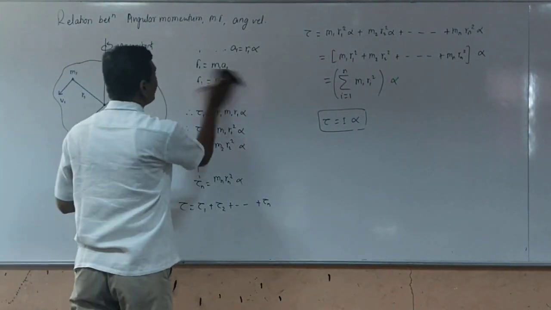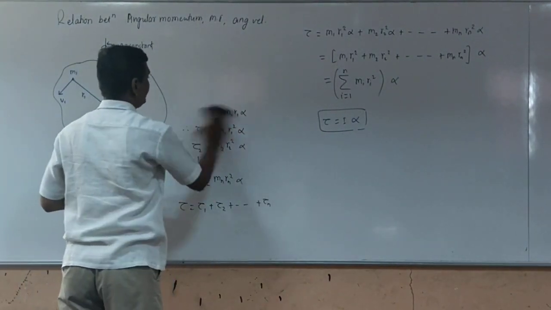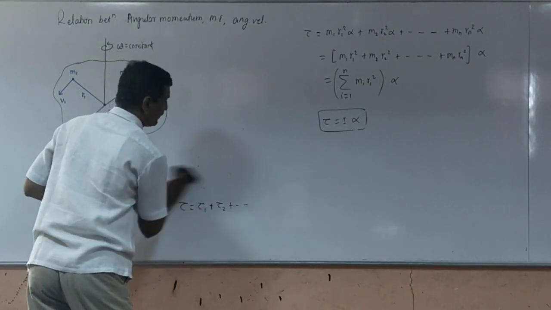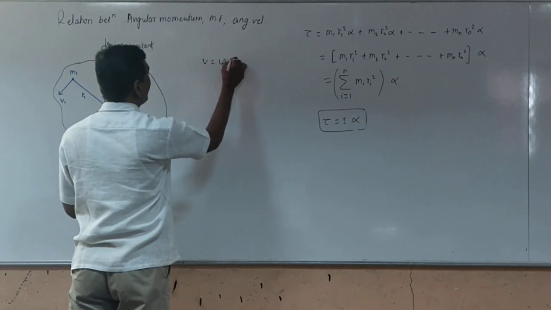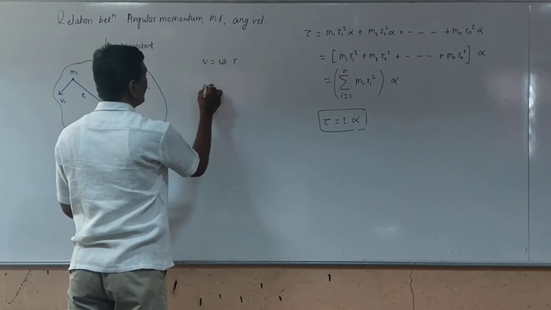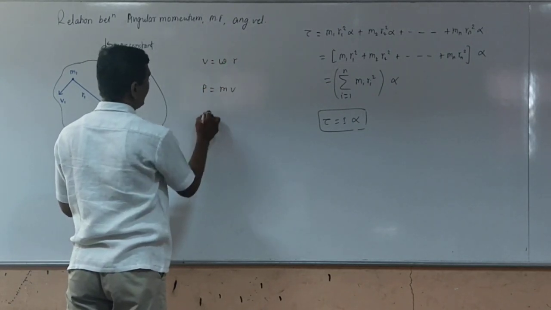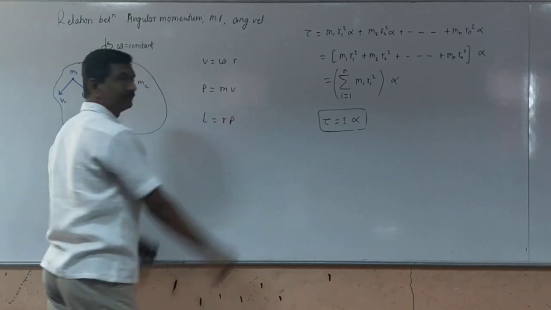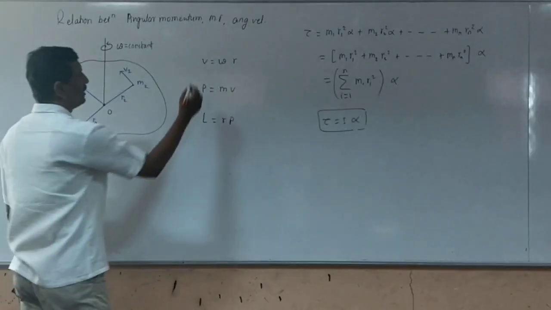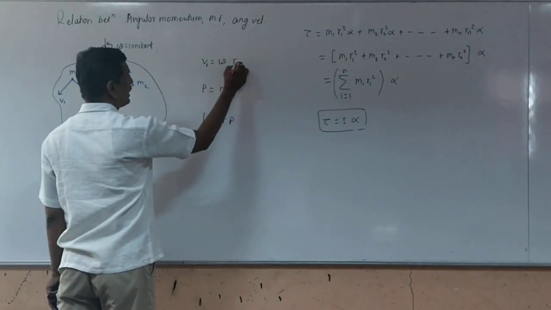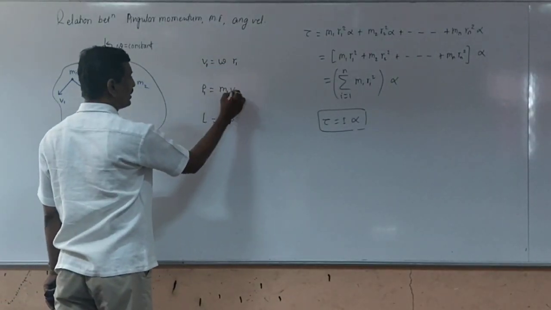Which formulas do we apply here? The first formula is v = ωr. Then p = mv and L = r p. We already discussed all these formulas. The first particle: v1 = ω r1, p1 = m1 v1.